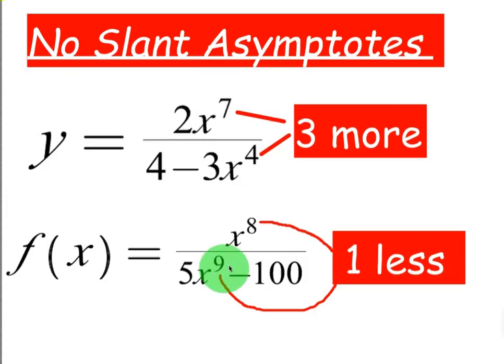So it wouldn't have a slant. Actually, it would have a horizontal asymptote at y equals 0, because the power is bigger on the bottom. So not all of them have slants. Even on your worksheet, there are a couple that will not have a slant. You can identify it and just say no slant asymptote.